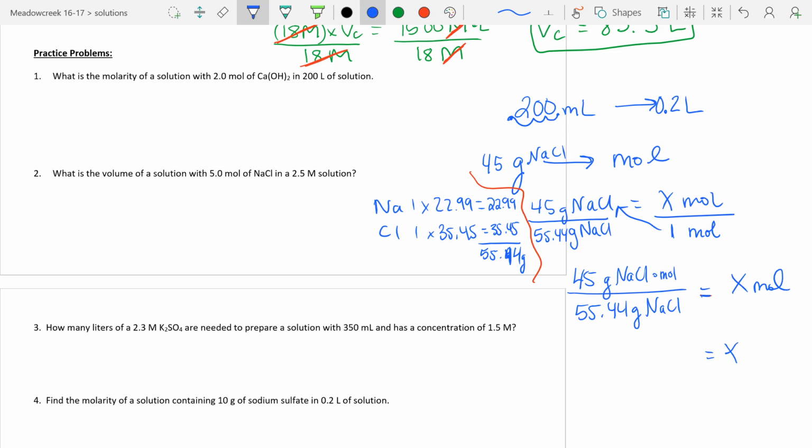So we would know that our X moles is 45 divided by 58.44, which is 0.77 moles. So you can use that same methodology to convert your grams to moles before actually starting on your problem. So make sure you work the rest of the practice problems on here, making sure to focus on how we do this, and ask me if you have any questions.